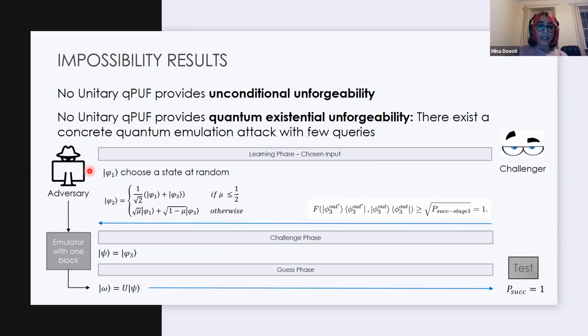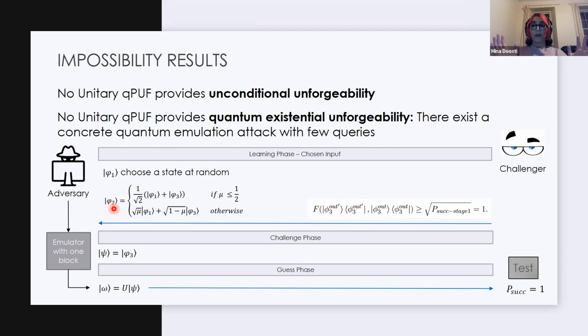The attack works like this: you pick any random challenge state, and you pick a superposition of these challenges with another state. And if you're allowed, with the degree that I told you in the framework, to have almost half overlap with the learned subspace, then you can pick a state like that, the uniform superposition, as your reference state for the emulator.